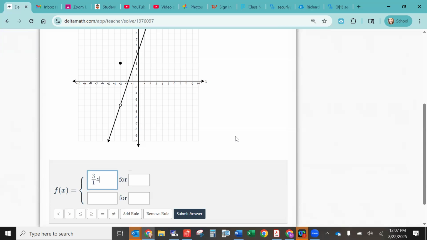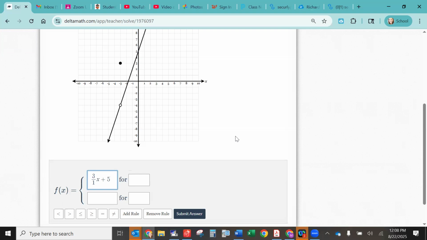Now, quick question. Do you have to type the over 1? No, if you just put 3x, that's the same. But since we're counting out rise over run, I'm going to put 3 over 1x. Then plus b. What does b stand for? Y-intercept, where does it cross? 5. So this one, it gave it to me that I don't have to work backwards.